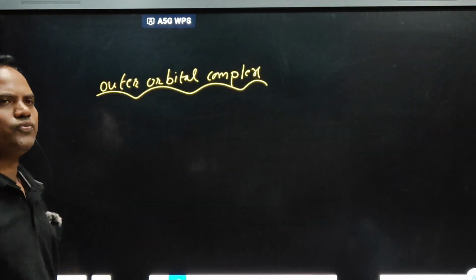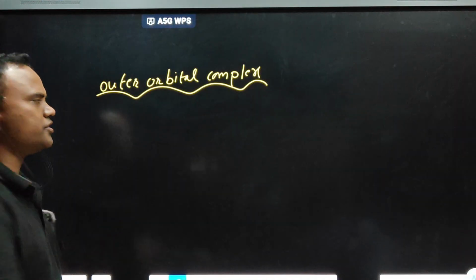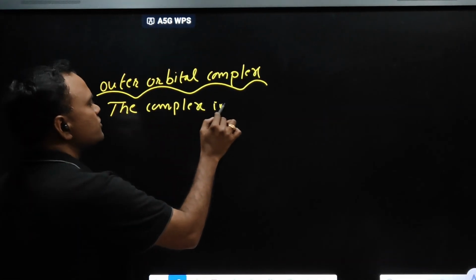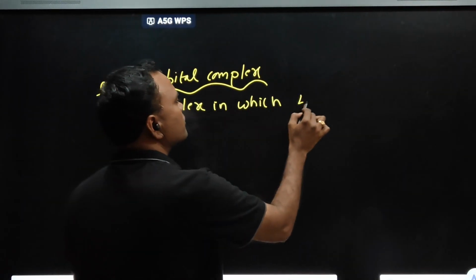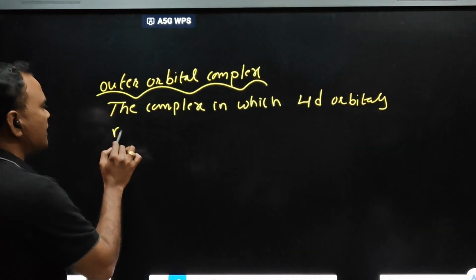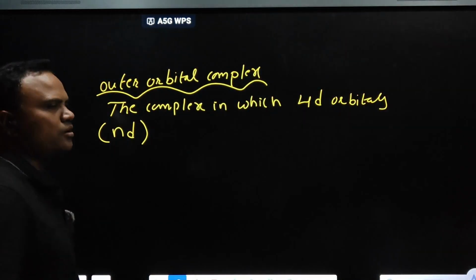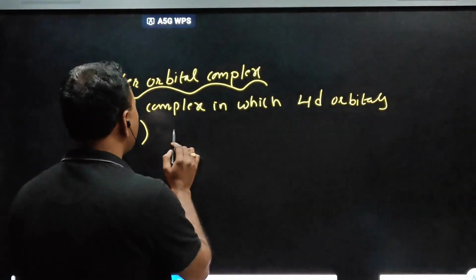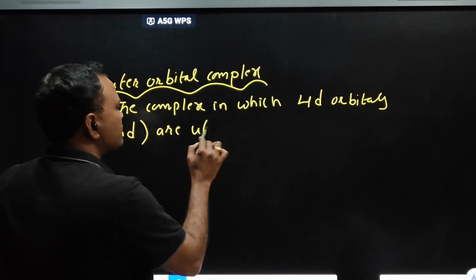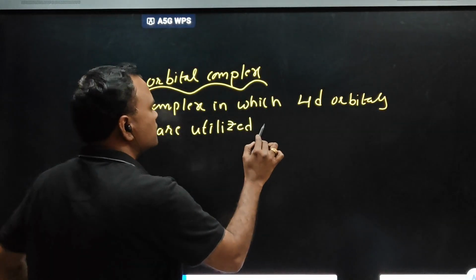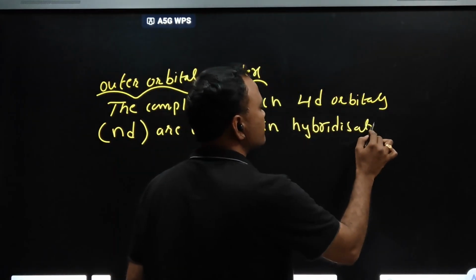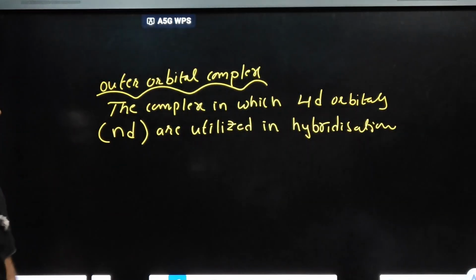The complex in which 4d orbitals, that is nd orbitals within the bracket, are utilized in hybridization, then the complex is called an outer orbital complex.